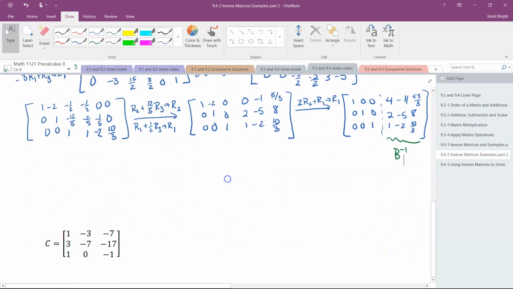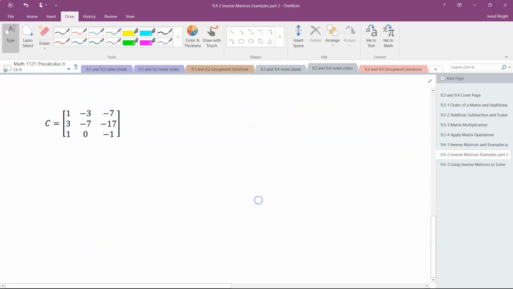This last one I'm going to leave as a challenge for you. So again, the process is overall the same. We would append the identity matrix to the right-hand side of this matrix. -17, -1, and then 1, 0, 0, 0, 1, 0, 0, 0, 1.